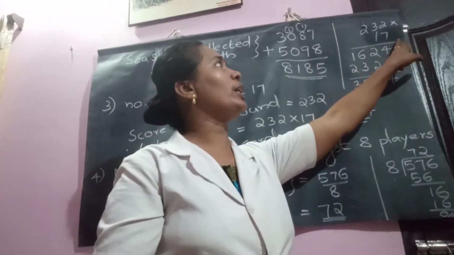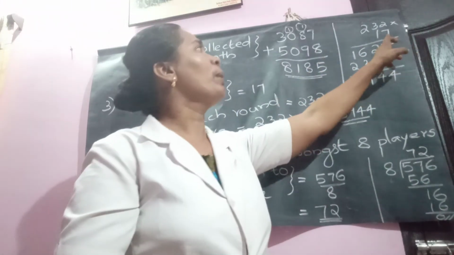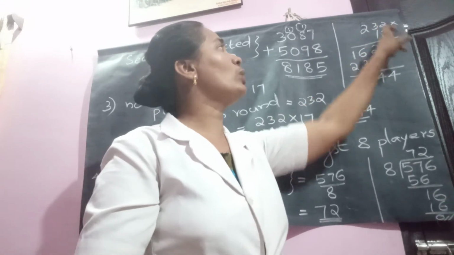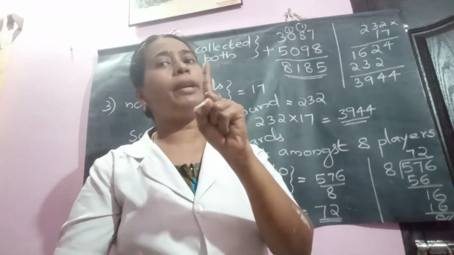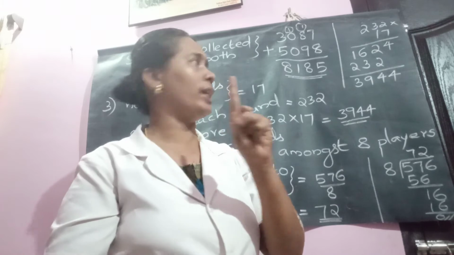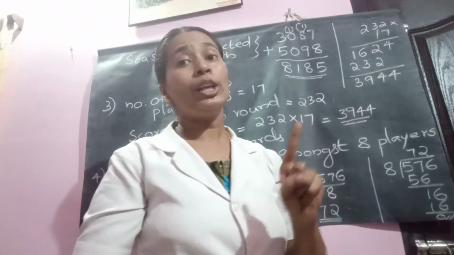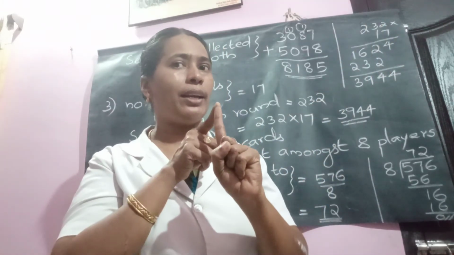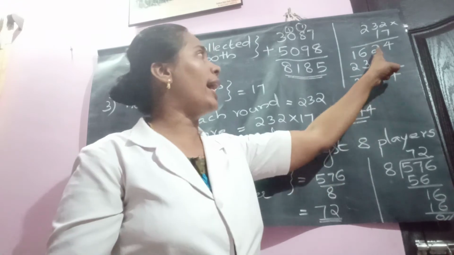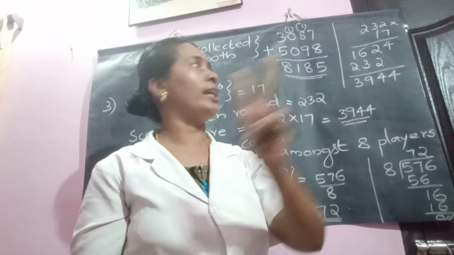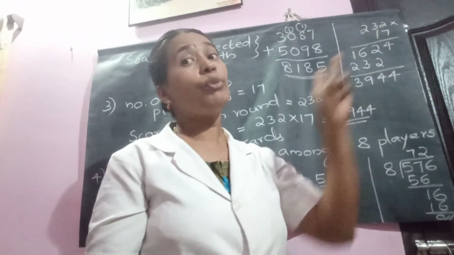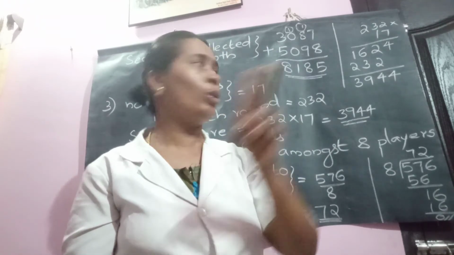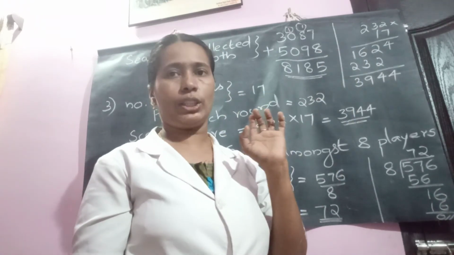See, 232 into 17. Let us begin with 7 first. 7 twos are 14. Keep the 1 in your finger. 7 threes are 21 plus 1, 22. Write 2, keep 2 in your hand. 7 twos are 14, 14 plus 2, 16. Finished.